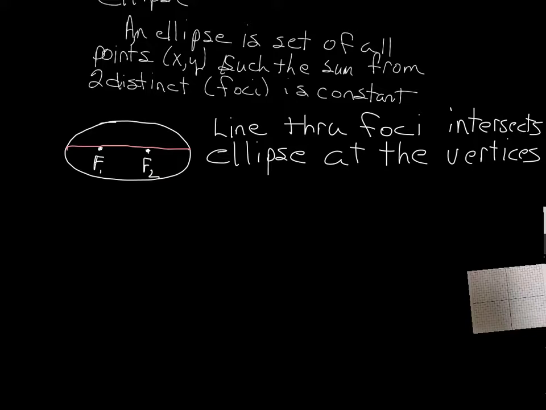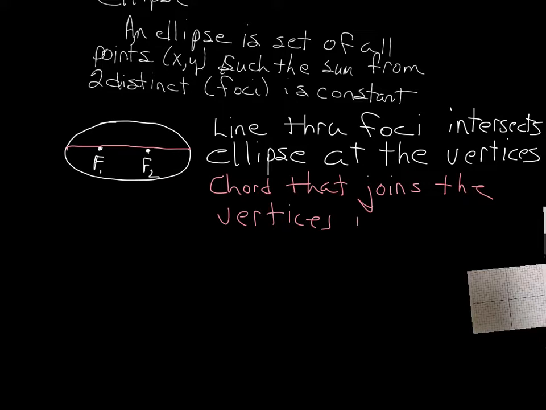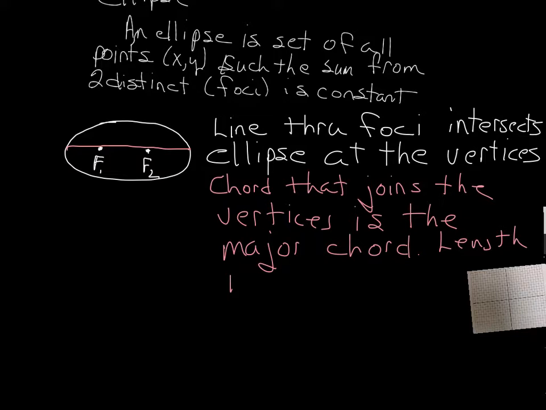Okay, so the line through the foci intersects the ellipse at the vertices, and the chord that joins the vertices is called the major chord. It has a length of 2a.